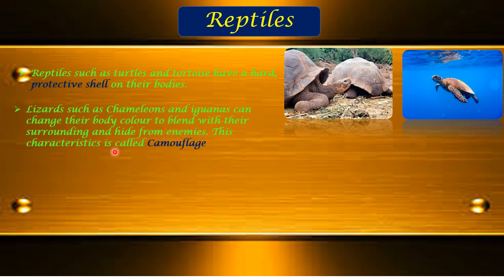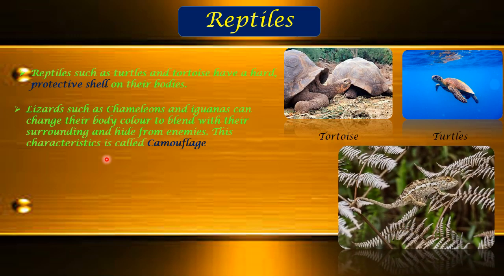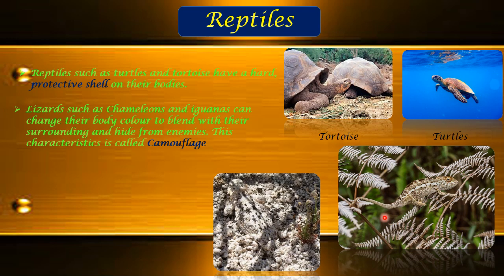This characteristic is called camouflage. See this picture. Can you see this particular animal and the leaves? What is the color? Both are alike. They are changing the body color in order to save themselves from predators.